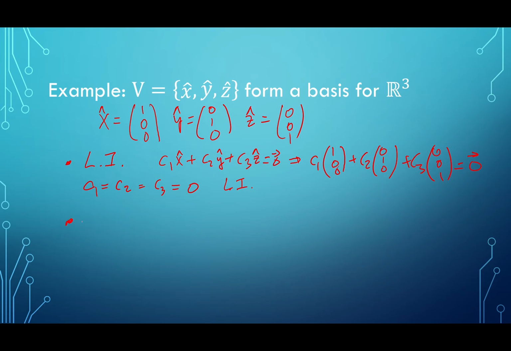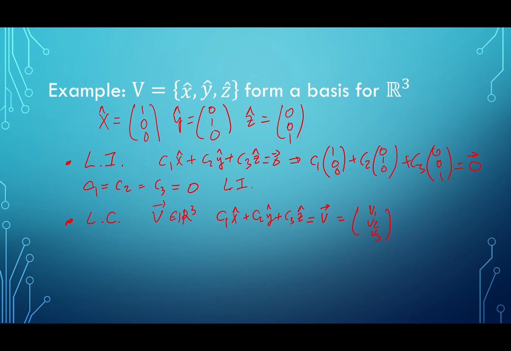The second thing we need to consider is the linear combinations. Let's say for any vector v in R cube, we want to find constants such that c1x plus c2y plus c3z equals v. Let's represent v as v1, v2, v3.